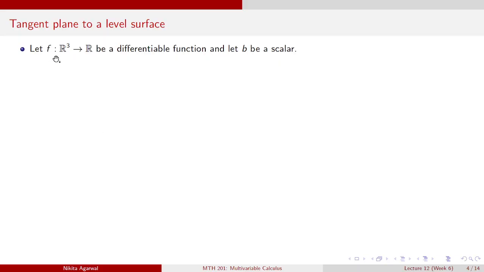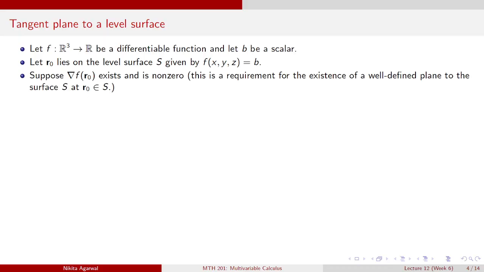So let f going from R3 to R be a differentiable function and let b be a scalar. Let R0 lie on the level surface S which is given by f of x, y, z equal to b. Okay, so you have a point on the level surface and suppose the gradient at that point exists and is non-zero.